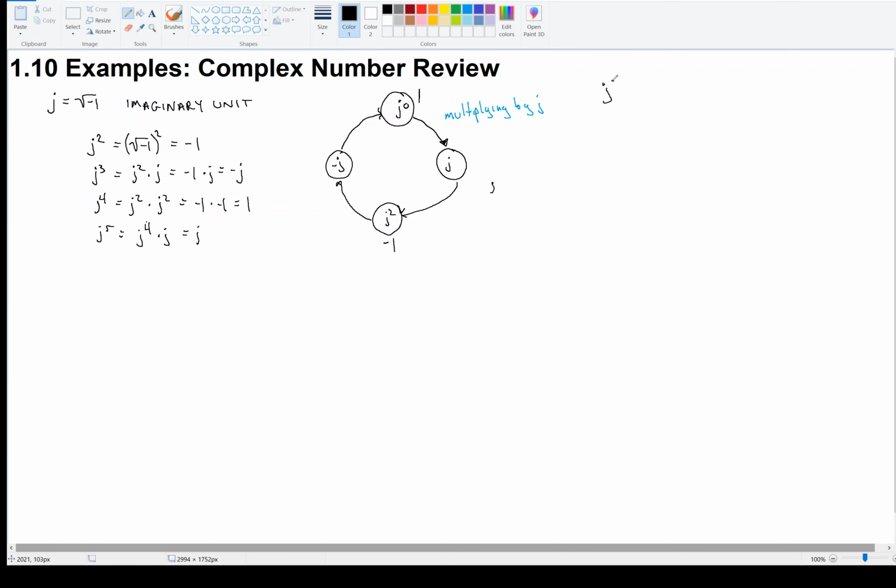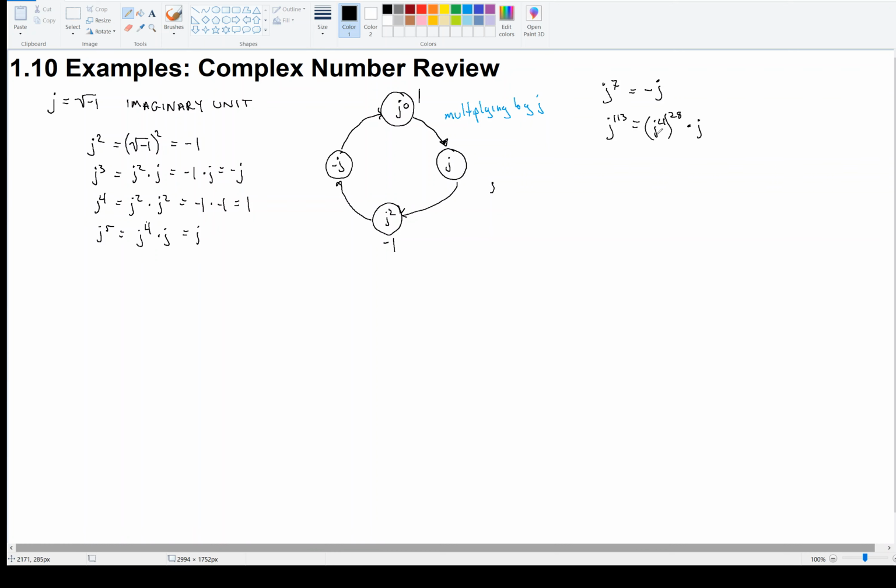So we can use this to evaluate higher powers of J actually. So like J to the 7th. Well, here's J to the 0, J to the 1, J2, J3, J4, 5, 6, 7. That's actually equal to -J. J to the 113th. Well, I can write this as J to the 4th to the 28th times J. Right, because J to the 4th to the 28th is J to the 112th times J. And so that's J to the 113th.